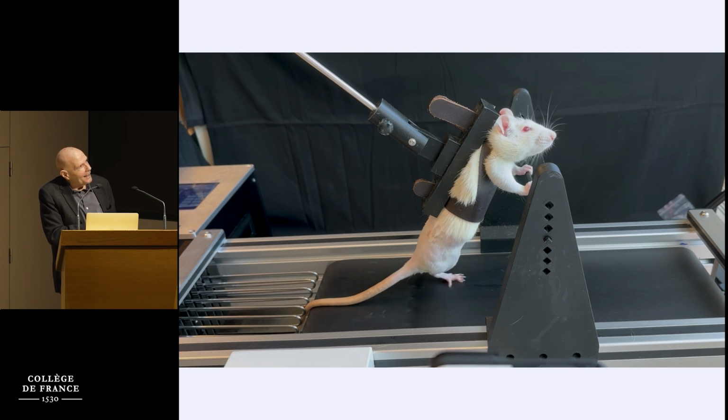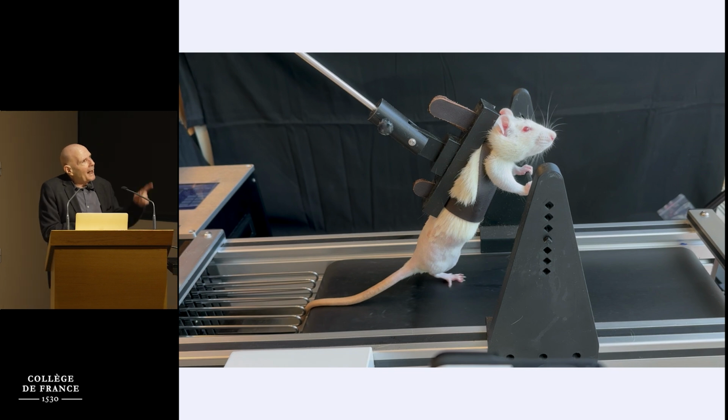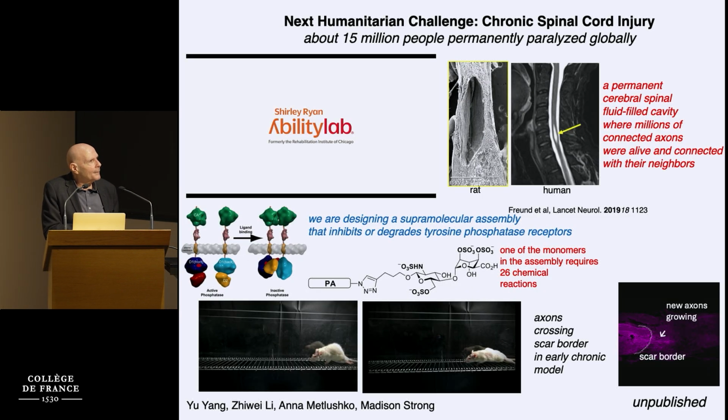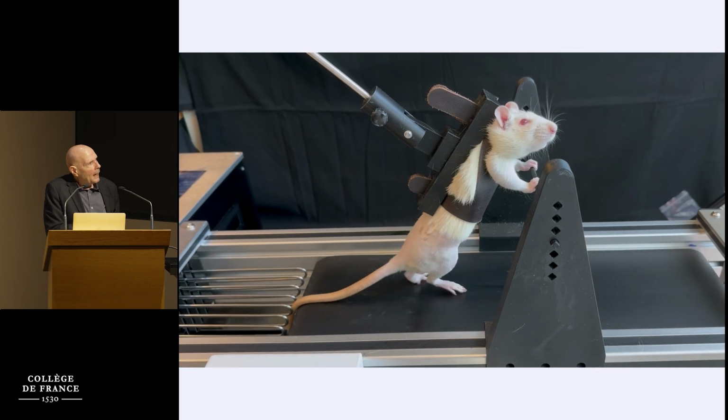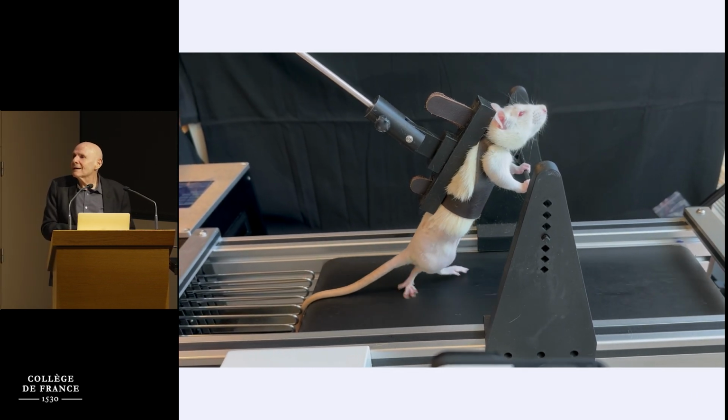And in this particular animal, we know, because we have the tape, was completely paralyzed at the beginning. And after the treatment, this is like 8 weeks later, we see pretty decent walking. So we're very excited.